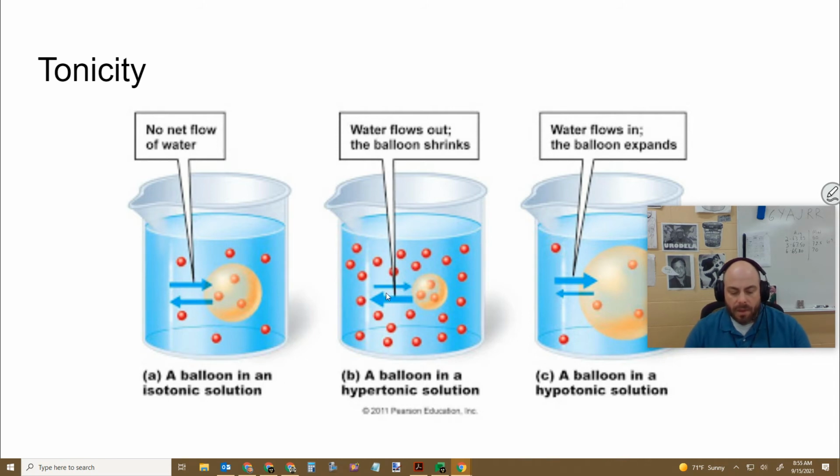Just a good rule of thumb about this, water will always move from hypotonic to hypertonic. And so water's moving from less solute to more solute every time to get things at equilibrium. Water moves from high to low just like anything else.